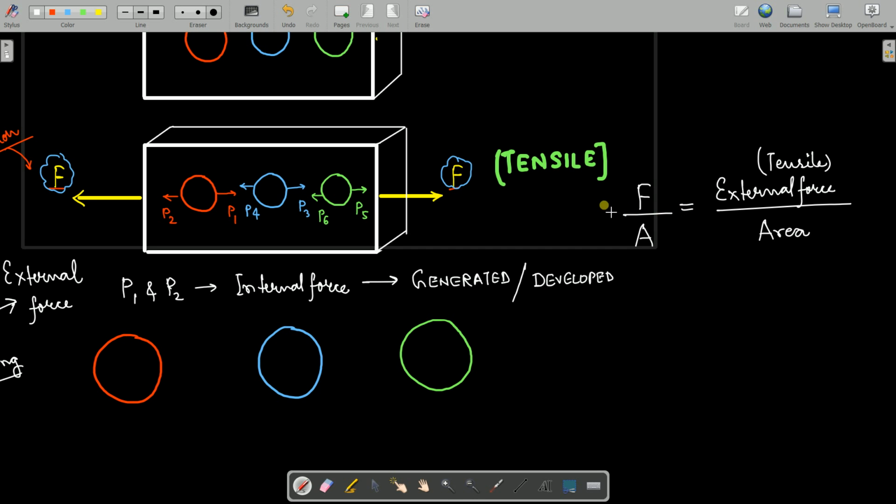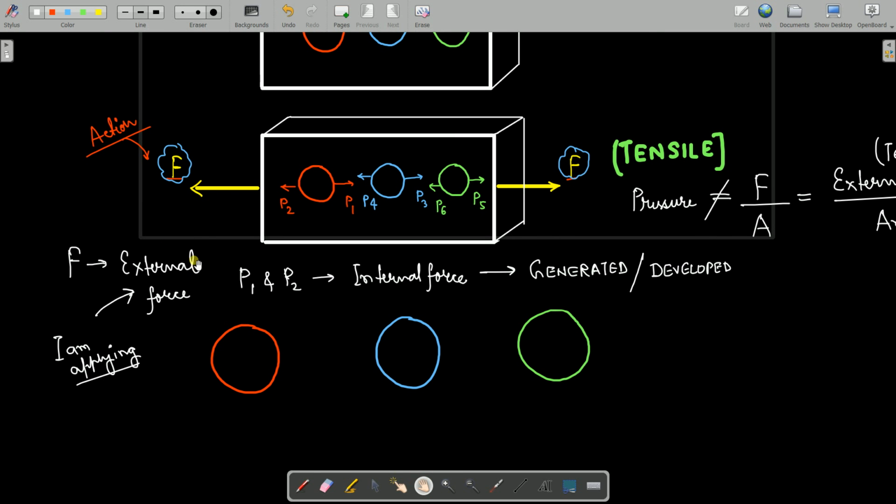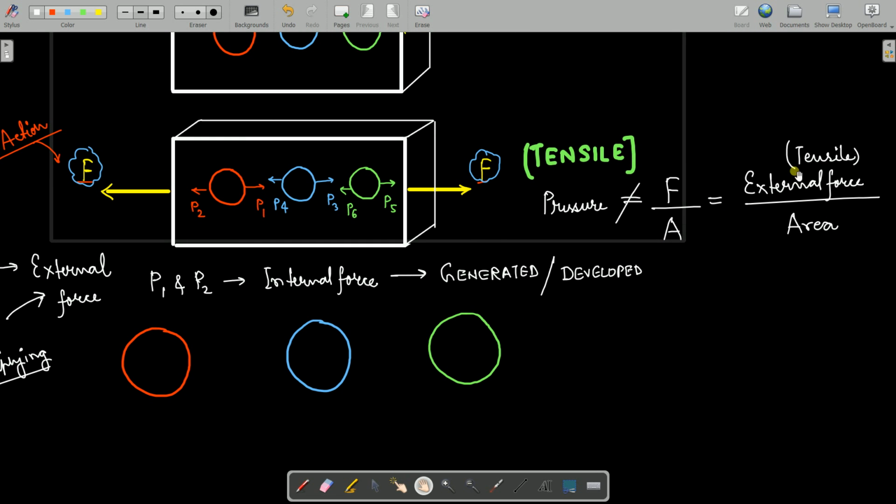You cannot confuse this with pressure. Many people will say this is pressure. No, this is not pressure. What is pressure? We will learn now. Here, I have taken an external force F and divided it by the cross-sectional area A, and I am naming this tensile external force per unit area.